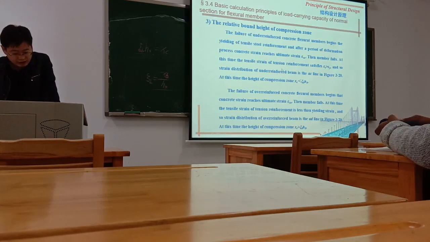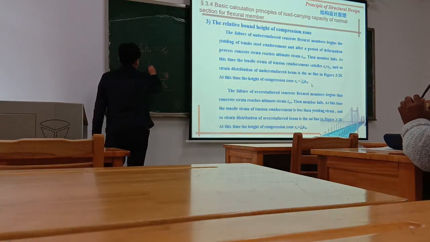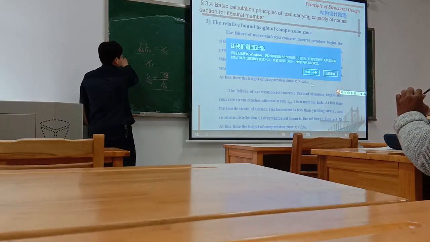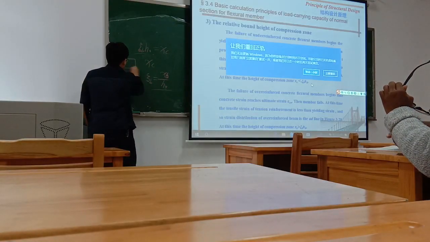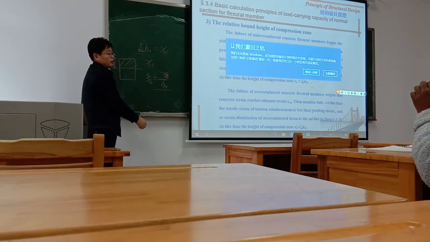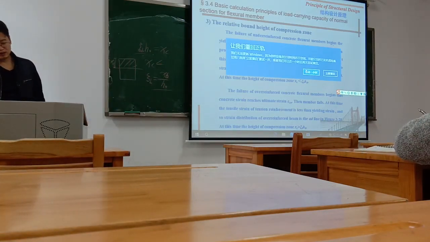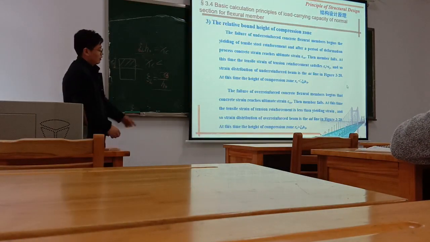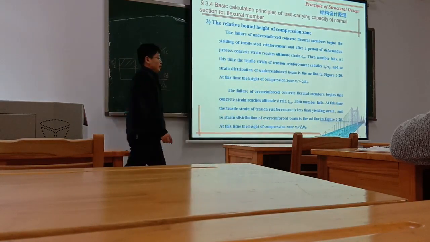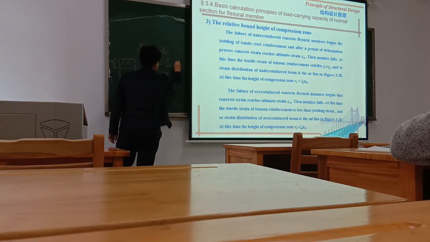So when we design, we normally make sure XC, C means compression, the compression height, is smaller than this Kc B, the boundary condition.